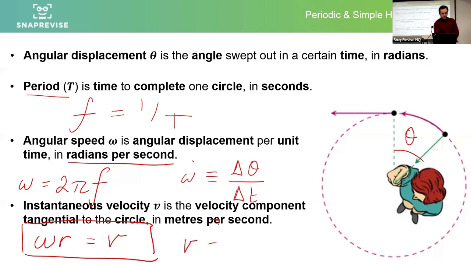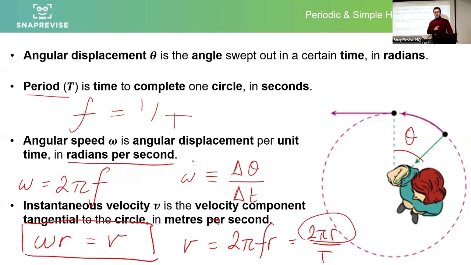What are the corollaries of this? Well, we know that omega is 2 pi f, so I could write this as 2 pi f r, which means I could write this as 2 pi r over T. Does that make sense? Yes, it does, actually. If you think about the mathematical format of this, you're saying 2 pi r. Have you seen that before in maths? Yes, we have. That's the circumference of a circle. And the period is how long it takes to do a full rotation.